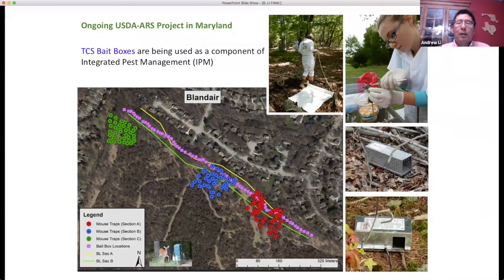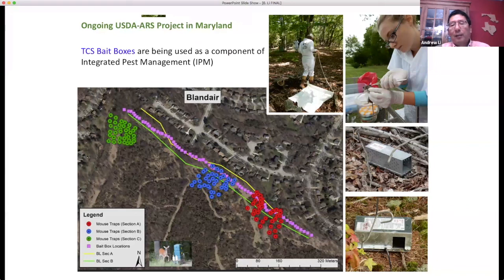But the idea is for IPM, a holistic approach combining all these tools available to us to see if we can achieve better control on a larger scale, not only at the home site but at the community level. That's the idea for the area-wide tick control project at the USDA.